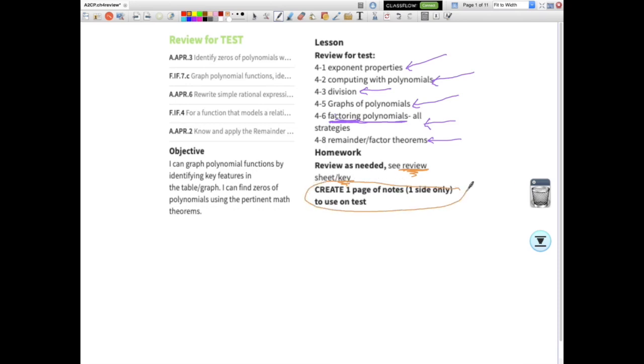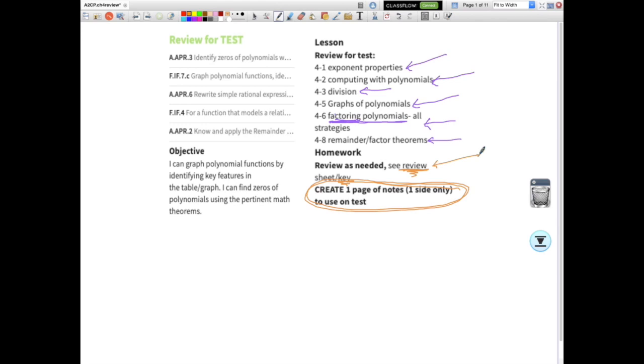One special thing that I'm sure you've seen at this point is that we are allowing you folks to have one page and only one side of one page of notes, whatever you want to put on it from chapter 4 to use on your test. So what I would probably do is take a look at that review, pick out items that you know really well, do not plan on putting them on the sheet unless you have space to.